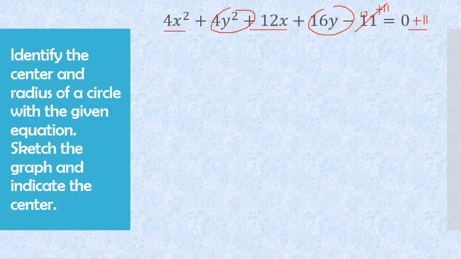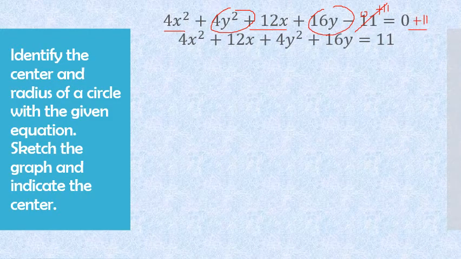So this will be written as 4x squared plus 12x. Magkasama na yung sa isang, para pag nag-groupings na tayo, magkatabi na sila. So again, this is 4x squared plus 12x plus 4y squared plus 16y equals 11. Ito yung kaninang ginawa natin. Okay?